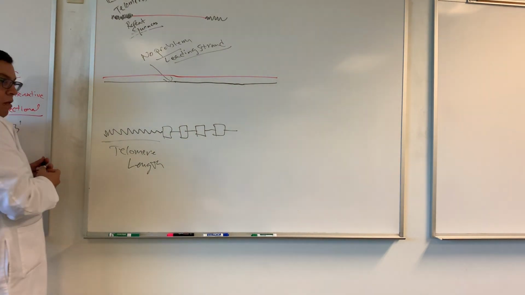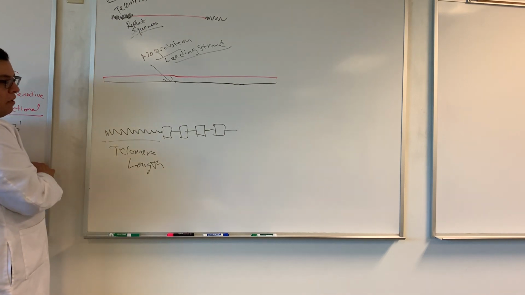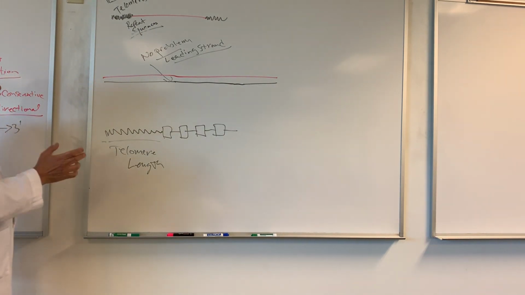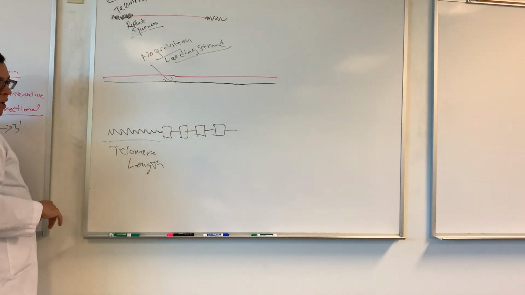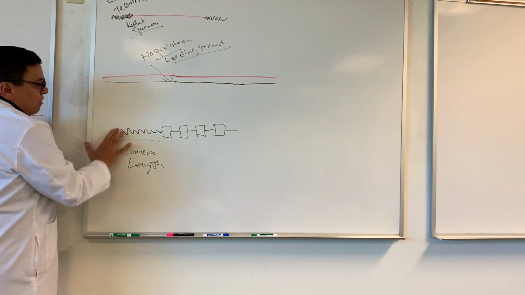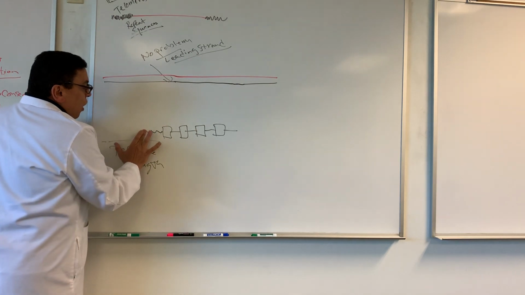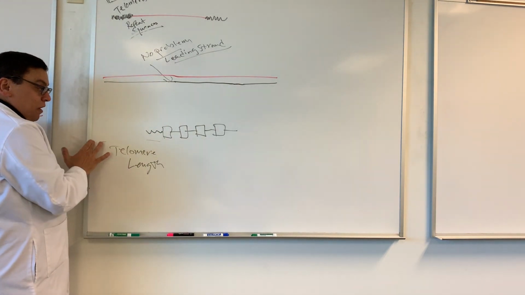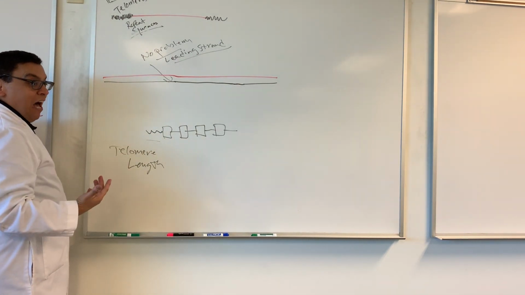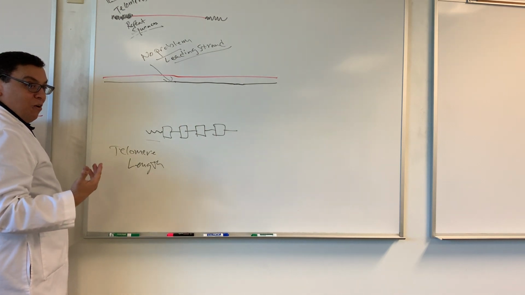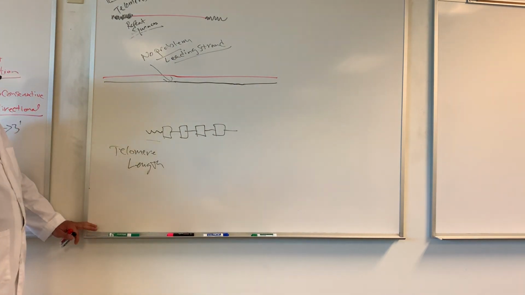So those cells start multiplying. You lose a telomere. That's okay. Multiply again. You lose a telomere. That's okay. Another one. Okay, I'm okay so far. Hang on. I'm losing most of my telomeres. I must have multiplied too many times. You see how it does it? It's like a signal to the cell.